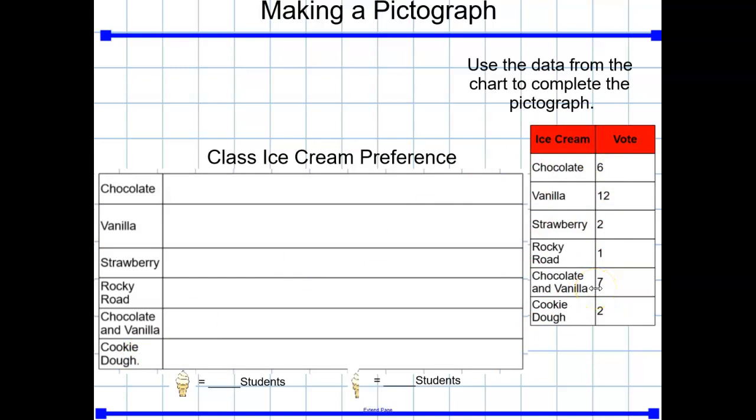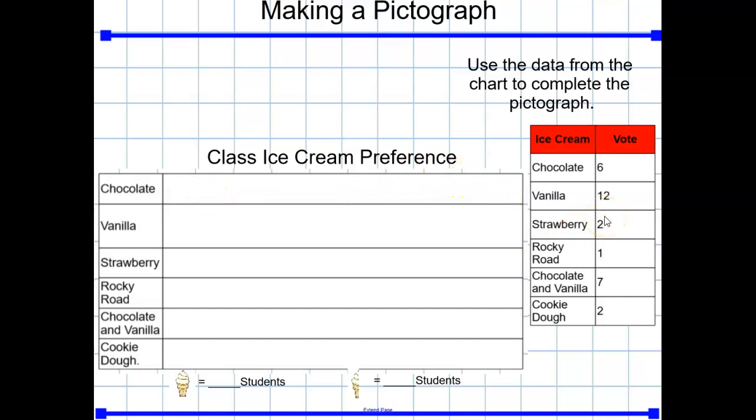Okay, so I know when I'm selecting what my symbol should be worth, it's very important to study my data set. And I start by determining, is there a multiple that goes into every category total perfectly? Would 5 work? Well, no, 5 wouldn't go into any of these totals perfectly. 1 would work, but I don't want to have to add 12 whole ice cream cones.